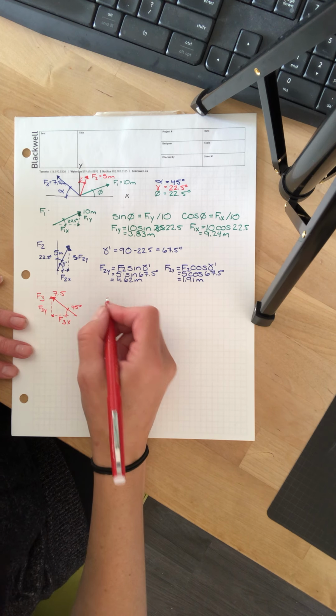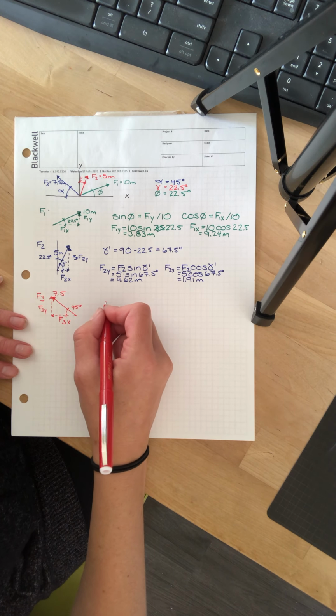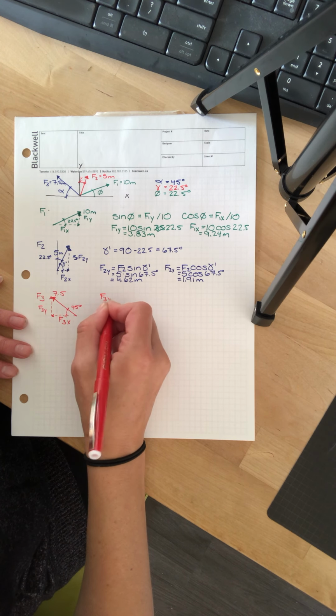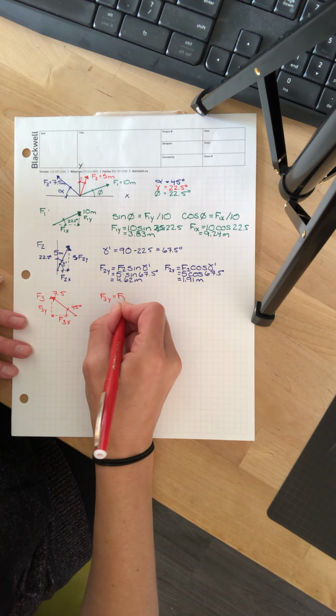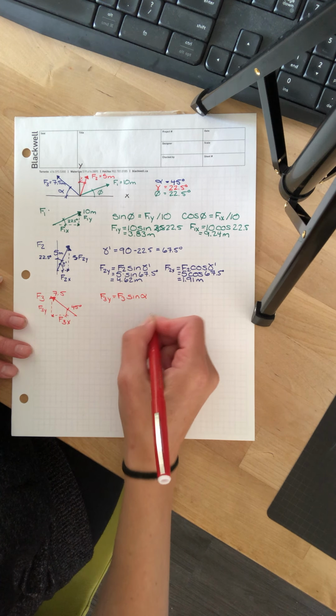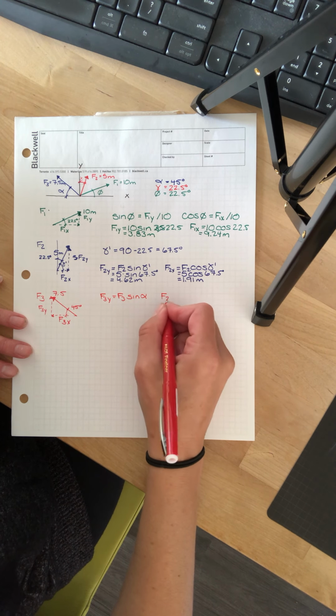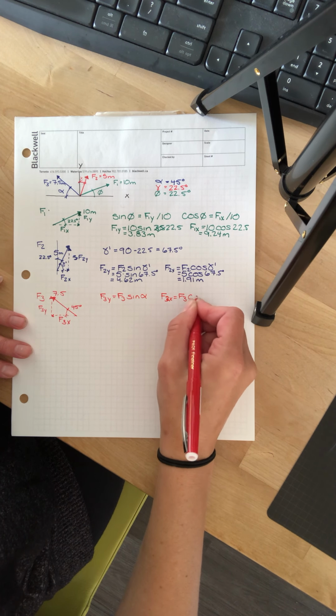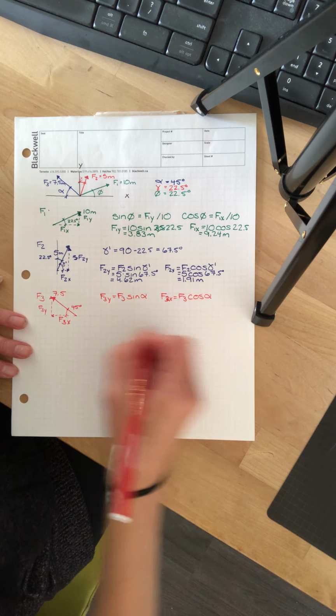Okay, so we know what F3 is. We know what our angle relative to the x-axis is. We know that our F3y is F3 times the sine of our angle, and F3x is F3 times the cos of our angle.